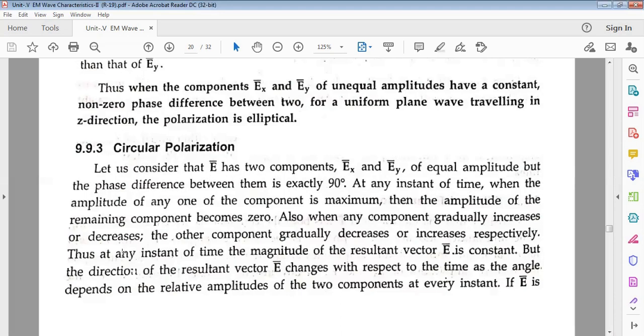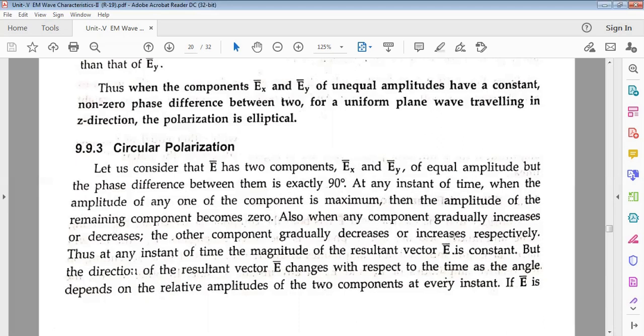At any instant of time, when the amplitude of one of the components is maximum, the amplitude of the remaining component becomes zero. Meaning if EX bar is maximum, EY is zero. If EY bar is maximum, EX is zero.